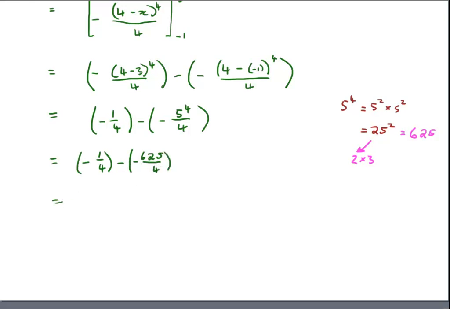Negative a quarter, take away negative 625 quarters, so basically this turns out to be 624 quarters, which does divide by 4, and again you've got a calculator, but you might even be able to do this in your head, or set out some working for it if it's in a non-calculator paper. Carry a 2 into here, gives us a 5, and 2 carries into the 24 to give us 6. So the answer to this definite integral, 156.